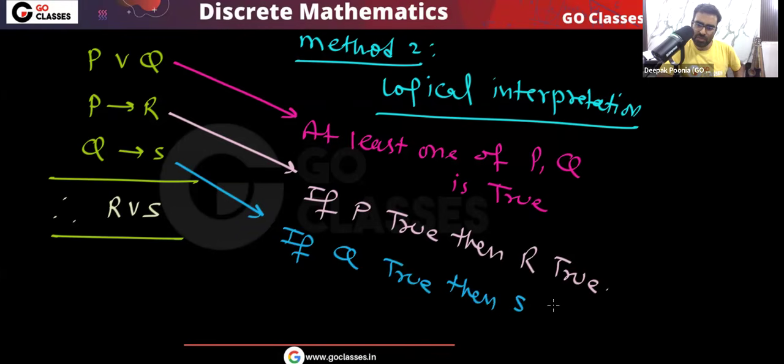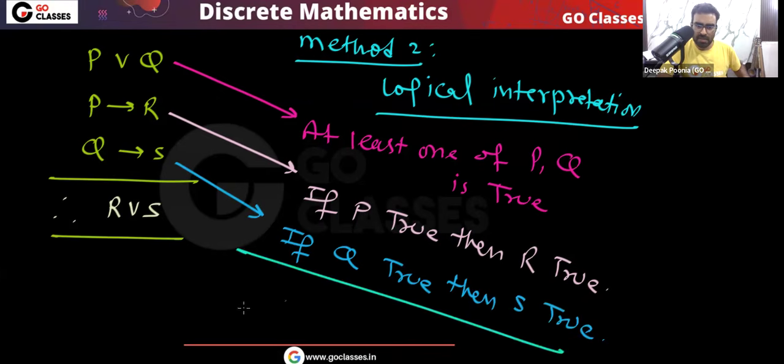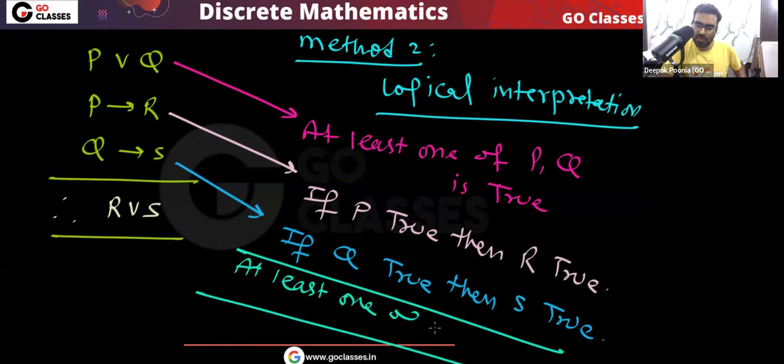So finally I can say that from these three premises I can guarantee that r or s will be true, at least one of r, s is true. So that's it, this is the logical interpretation.